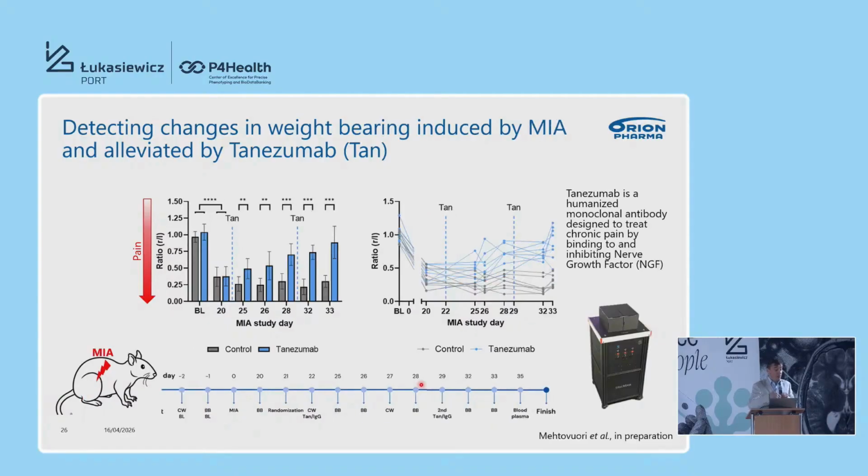Similarly, when we apply monosodium urate, which is an osteoarthritis pain model, depending on the time after addition, we also see nice development of this phenotype over time, which can then be rescued by tanezumab treatment.